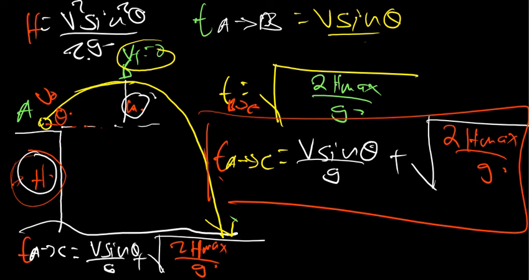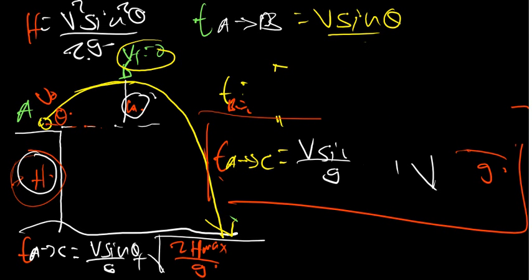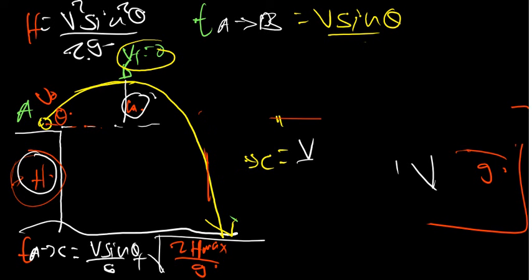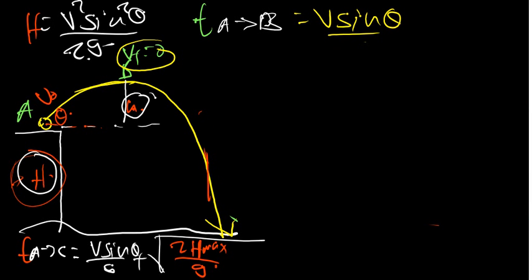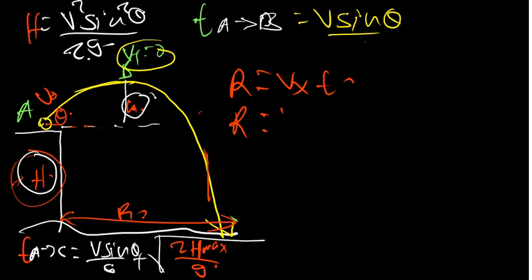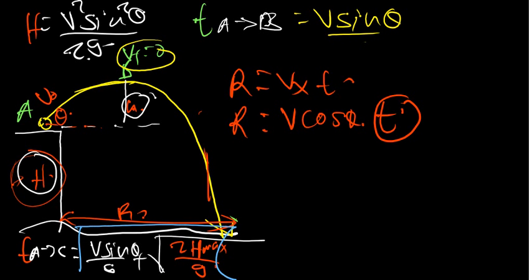Now we can also find the range, which is just the horizontal distance. The range is always equal to Vx times t. We know Vx is just V cos theta, times t. This t you get using the formula we have found here. That is going to be our range.